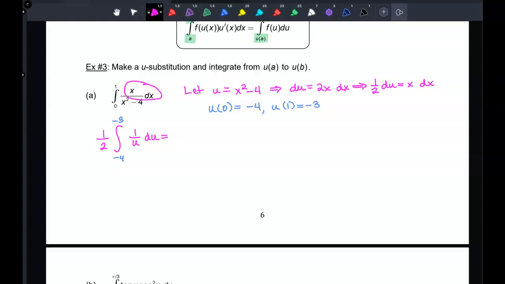No. So I'm going to multiply by 1/2 because I have to. If I have a missing coefficient, I have to. I have to replace du with a 2x dx. So if I don't have a 2, I have to compensate by multiplying by 1/2.